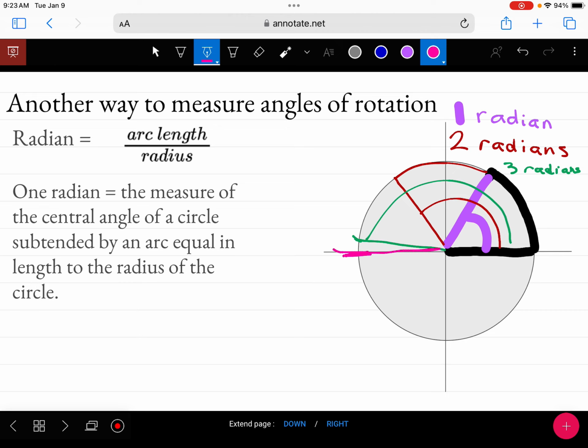It's pi. So to get all the way to our supplementary radian, like all the way over, it's measured in pi. So if we start at 0 radians, to get to a flat angle all the way across, it's actually pi.